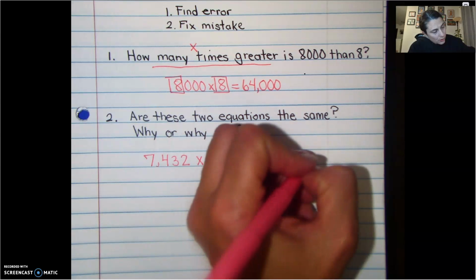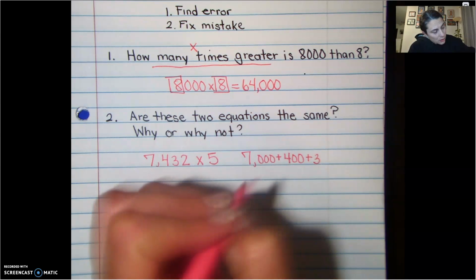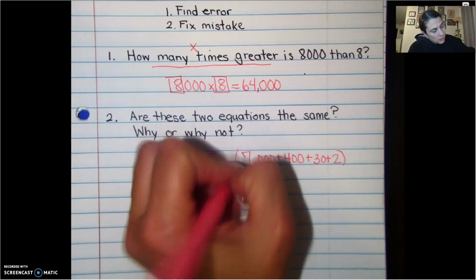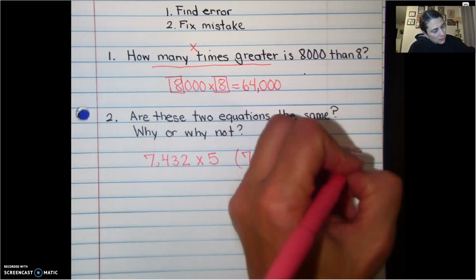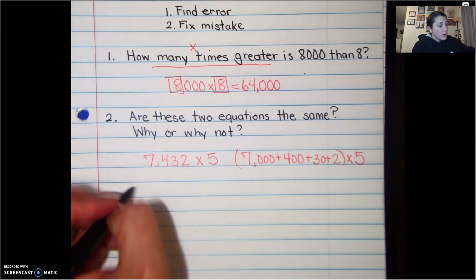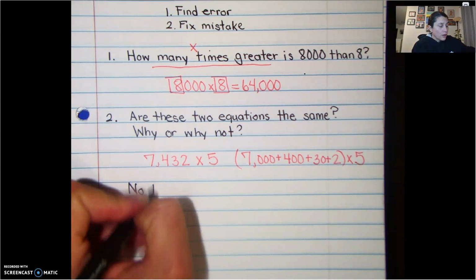No, 400 plus 30 plus 2 times 5. Okay, so I'm gonna say no. They are not the same.